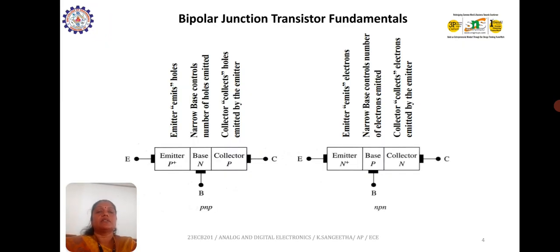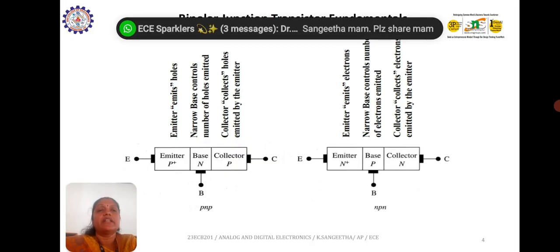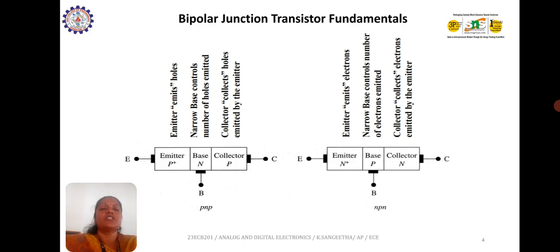So that is the emitter. In the PNP transistor, the emitter emits the holes, because in the P region the majority carriers are holes, and in the N region the majority carriers are electrons. In PNP the emitter emits the holes, and the base is a narrow base.